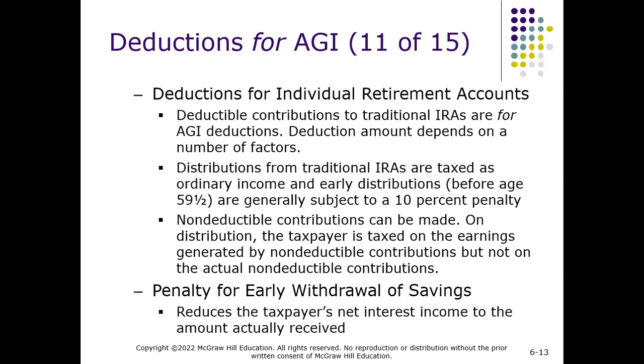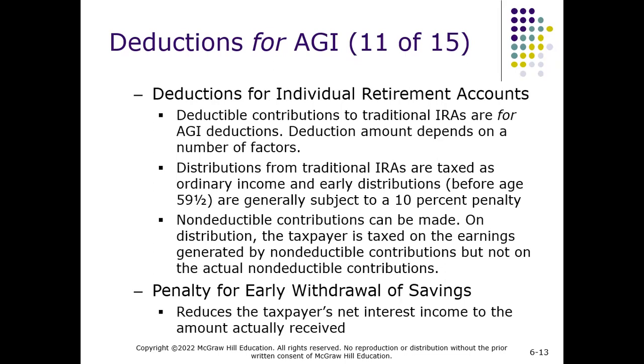Sometimes if a taxpayer withdraws money early from a certain type of investment, like a certificate of deposit, they will be penalized a certain portion or all of the interest earned because of early withdrawal of the money. Well, what happens is the bank will still report the interest as if it was earned.